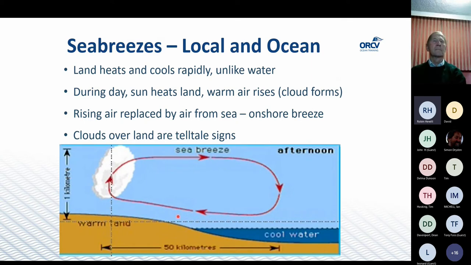The greater the range of temperature, the stronger this circulation will become, and it will move out further and further. The rise goes further inland, and the sink moves further out over the water. And as it cools down, both of these contract again until the whole thing gives up.